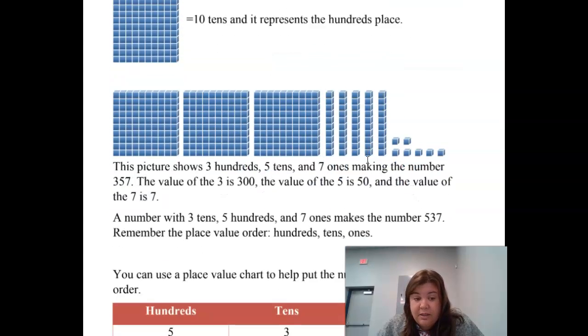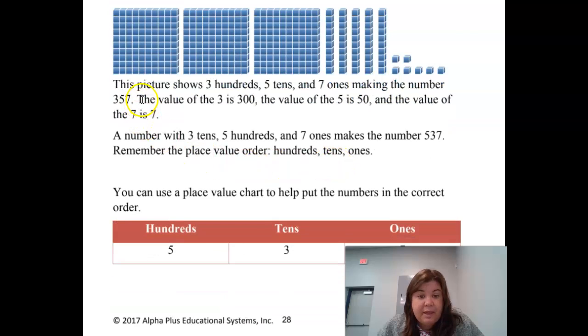Okay, so look at this. This picture shows 3 hundreds, 1, 2, 3, 5 tens, 1, 2, 3, 4, 5, and 7 ones, 1, 2, 3, 4, 5, 6, 7. And that makes the number, you just write the numbers down, 357.